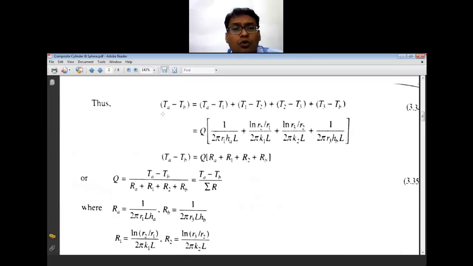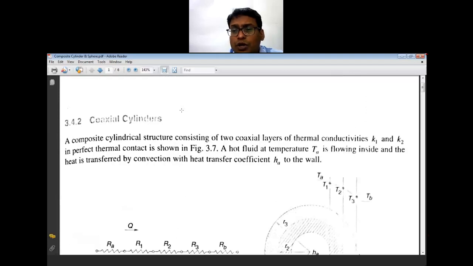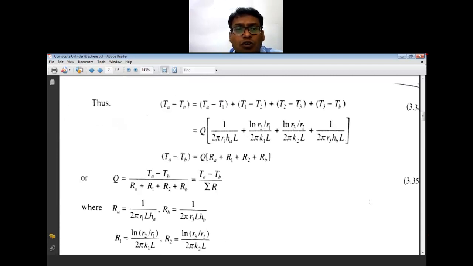Now, taking into account Ta minus Tb, that is the total temperature difference we have to take into account. So Ta minus T1 is the first resistance, T1 minus T2 the second resistance, T2 minus T3 the third resistance, and T3 minus Tb the fourth resistance. That is what we have written now.